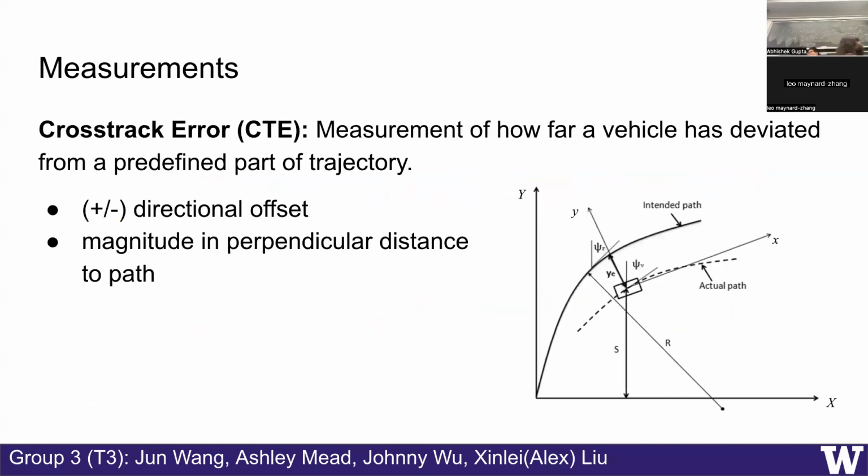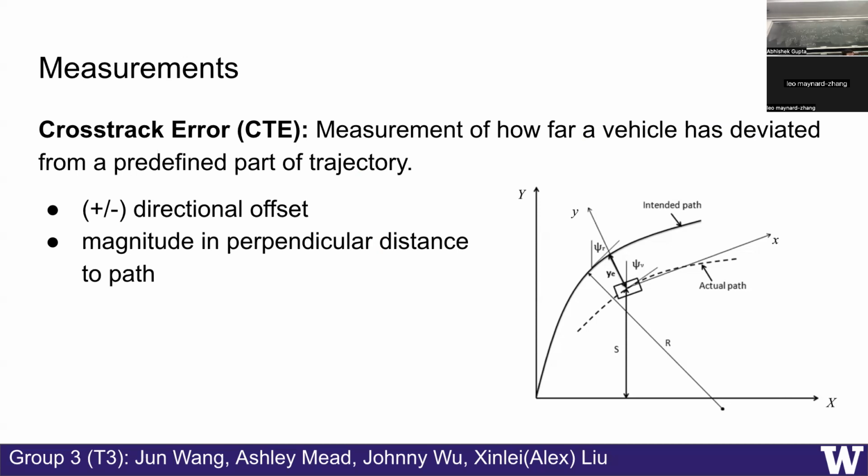All right. So before we get to experimental results, we should talk about measurements. In this paper, we measure the cross-track error, which is a measurement of how far a vehicle deviates from the intended path. Right here, this is the intended path, and this is the actual path.